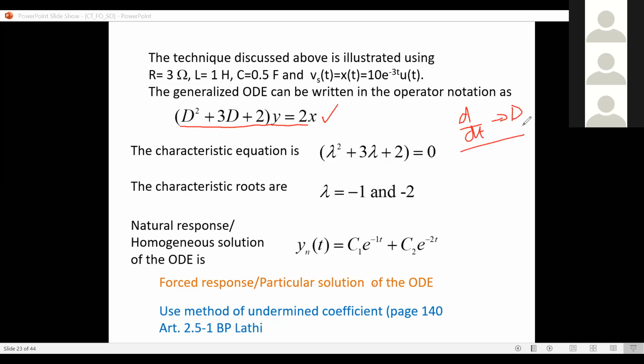Yes, sir. So if we operate this D, you see that D2 doesn't mean D square. If we have a second derivative, then it is D2, okay? If we have a first derivative, it is D. So this exponent will give you the idea about the order of your differential equation. So our equation is a second order differential equation.